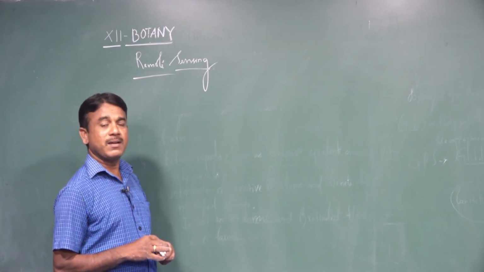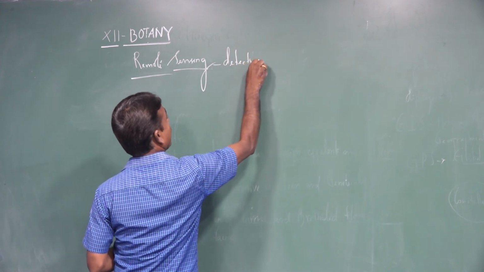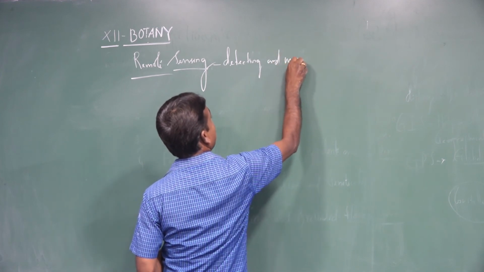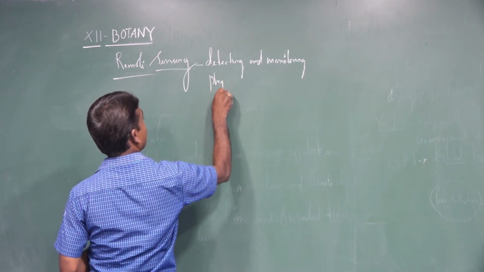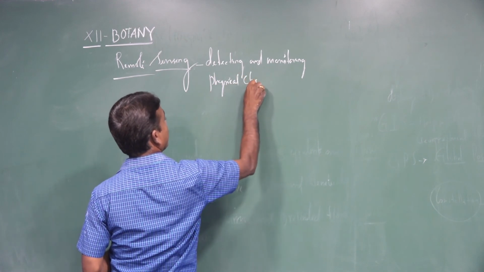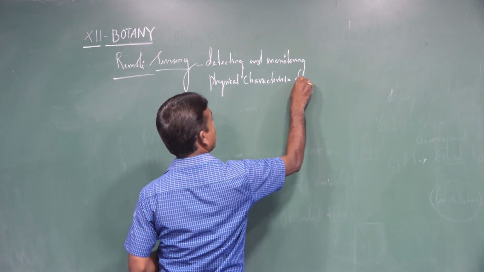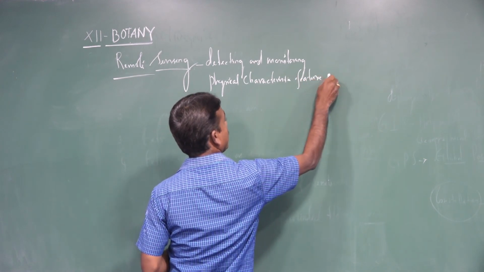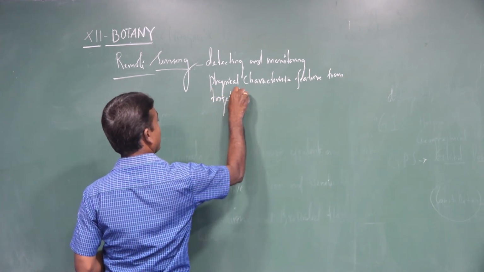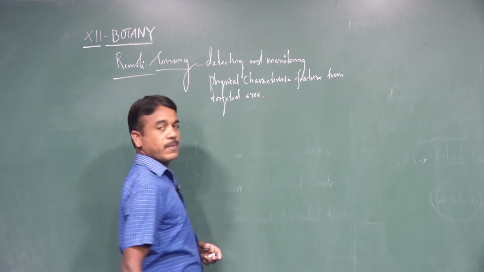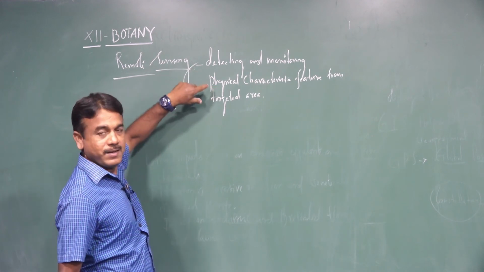So remote sensing is commonly called detecting and monitoring physical characteristic features from the targeted area.